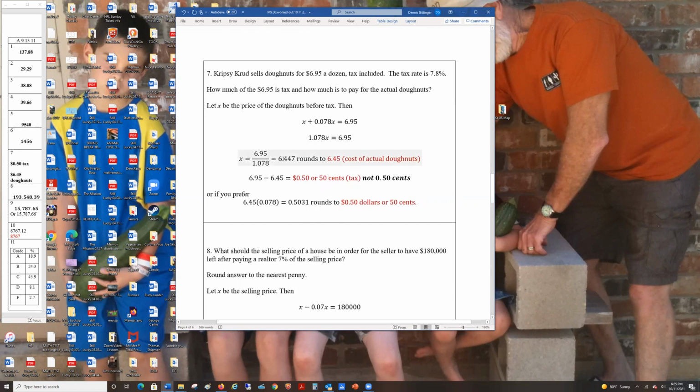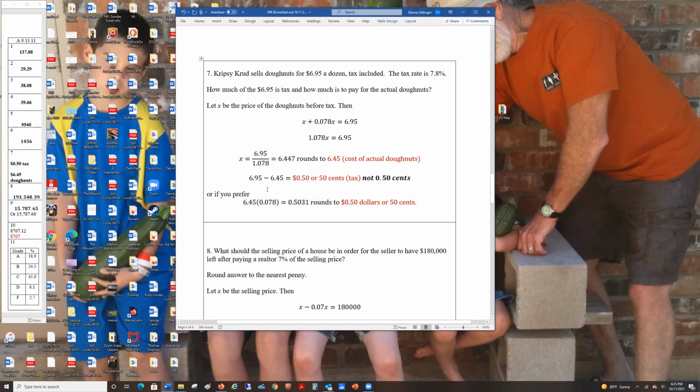Now we write out 6.447, one more digit than pennies, because we need to determine the nearest penny. And if it's money, I always want you to use the nearest penny unless it says the nearest something else, like the nearest dollar or the nearest $100. But the 7 is big enough to bump that up to 6.45. Now that's the actual donuts.